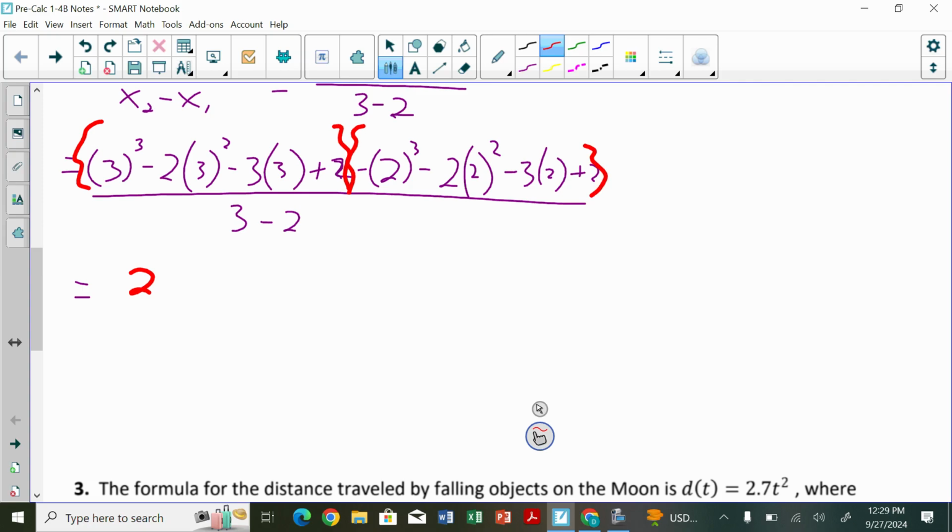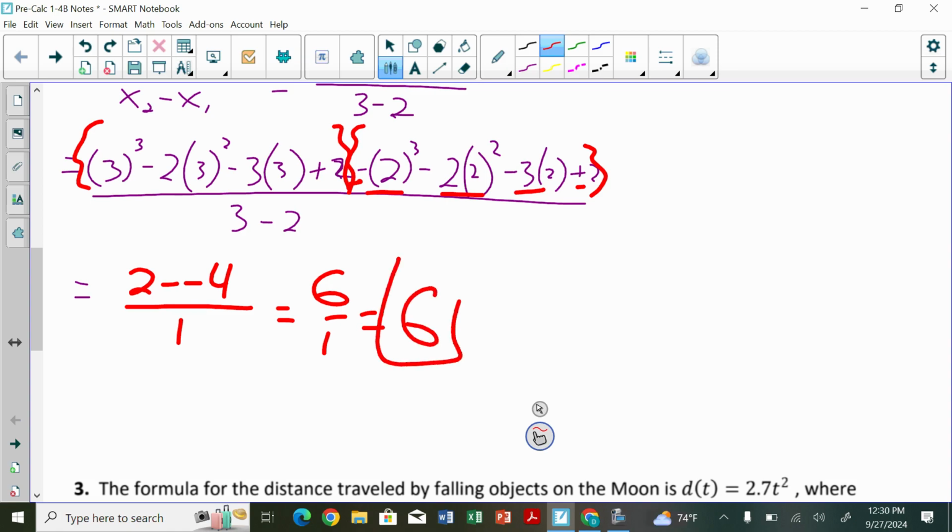If you evaluate it, you're going to get an 8 here and a negative 8 here, so those cancel. Then you have negative 6 plus 2, which is negative 4. So you have a 2, and remember the minus sign right here. So it's 2 subtract a negative 4, all over 3 minus 2, which is 1. After we crunch that, we have 6 over 1, which is equal to 6. So that's one way to do it.